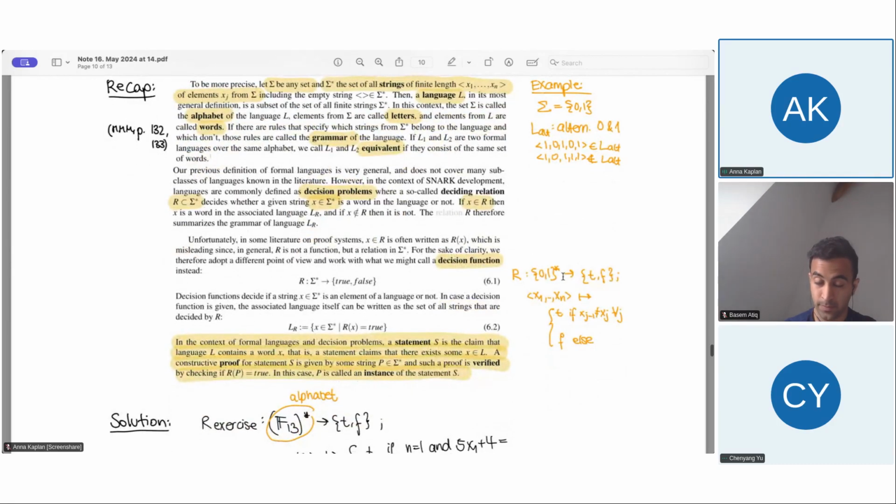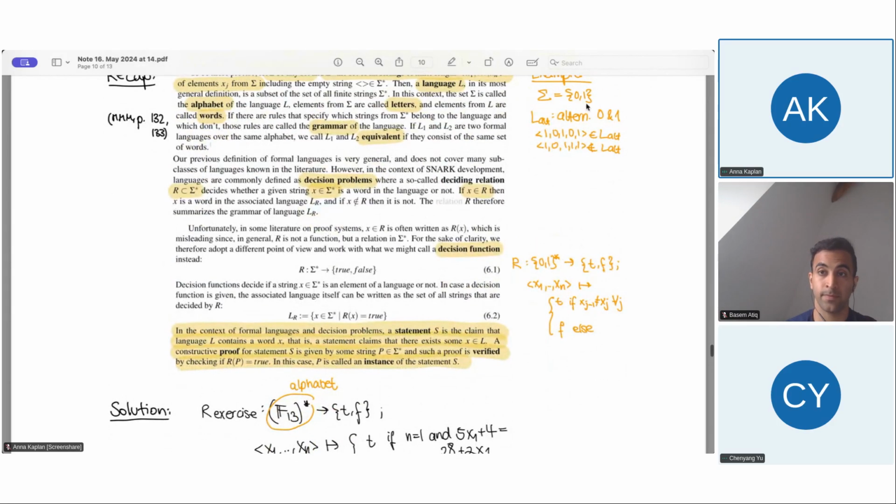Okay, and if we want to formalize this alternating zeros and ones, we build this grammar, this decision function, which goes from the alphabet consisting of the letters 0 and 1, with the empty word, to true or false.